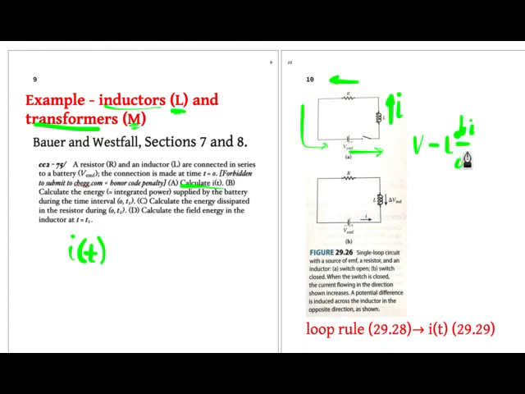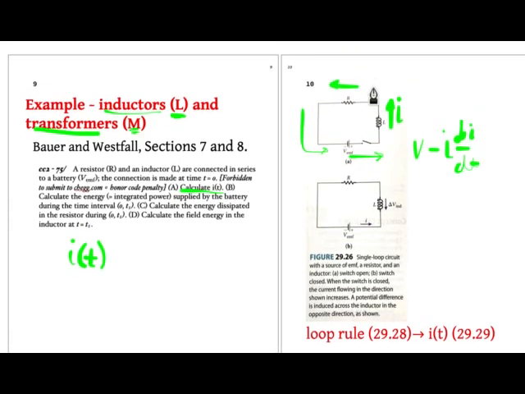It's negative because this is an example of Lenz's law. It's an example of electromagnetic induction. So there's a back EMF. As current goes through the inductor, there's a potential in the opposite direction. So it's minus L di dt.